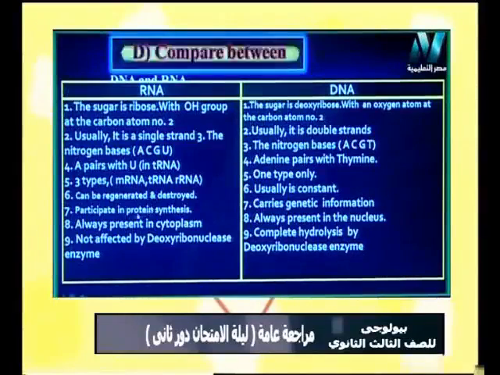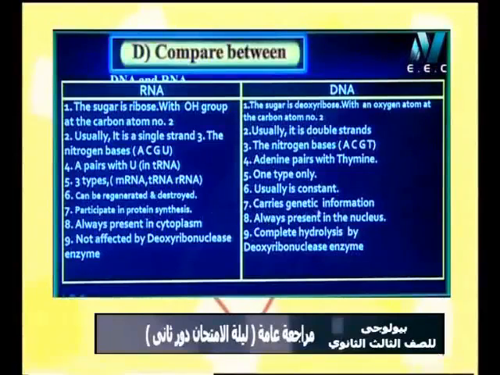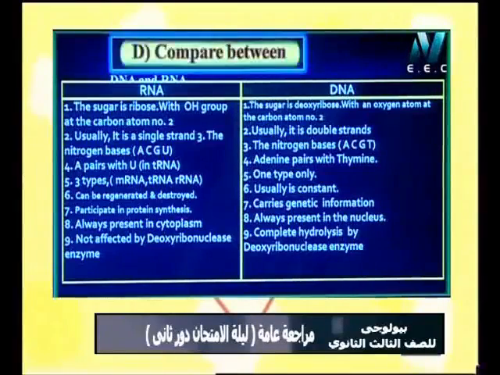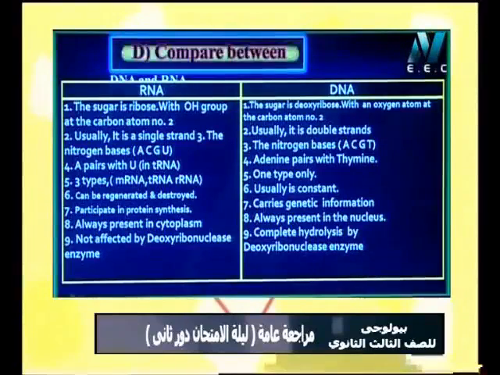The function of RNA participate in the protein synthesis, but the function of DNA carries the genetic information. RNA always present in the cytoplasm, but the DNA present in the nucleus. RNA is not affected by the deoxyribonuclease enzyme, but DNA, the deoxyribonuclease enzyme causing complete hydrolysis of DNA.